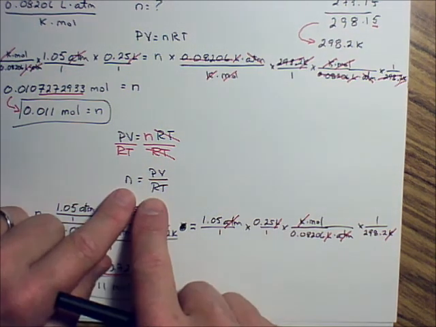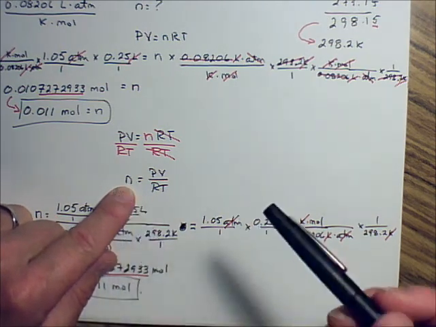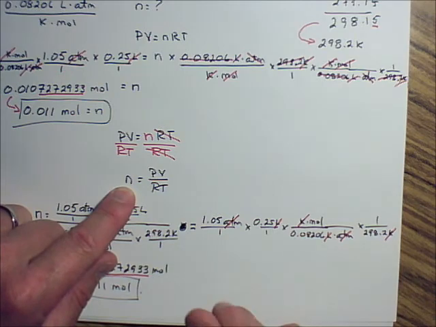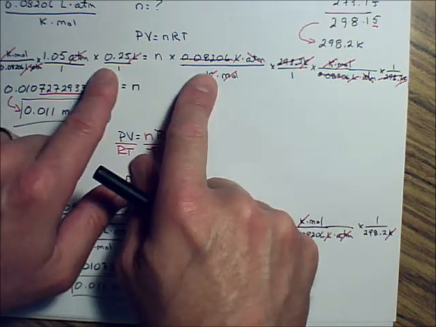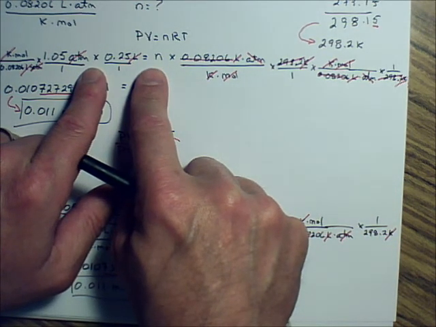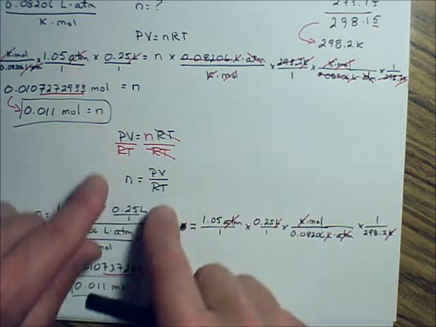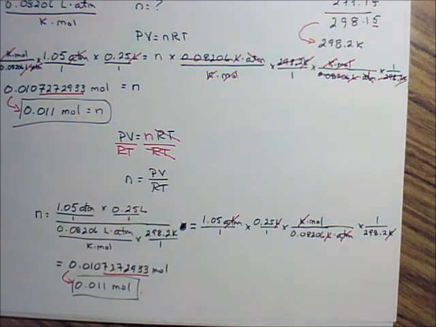So you can set up your equation to isolate your unknown first. The procedure I've taught you for solving these is to plug in your known values and then isolate the unknown. It is fine, however, if you isolate the unknown first and then plug in your knowns. Does that make sense?